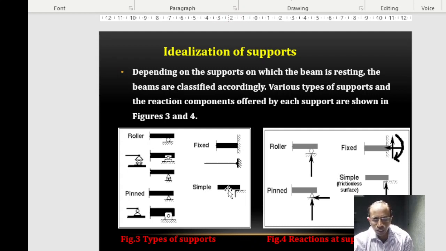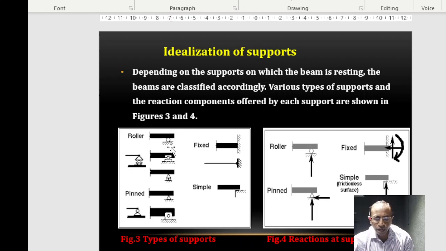Now, having understood the representation or idealization of the supports, how can the reaction components be represented for these respective supports? Reaction components are nothing but the resistance offered by the specific supports.